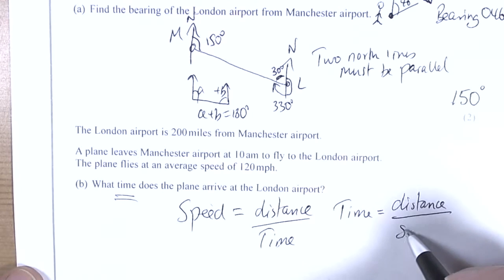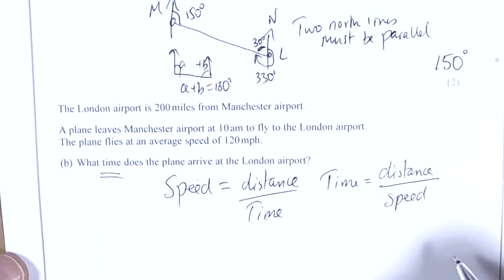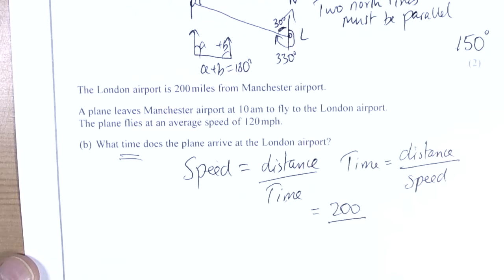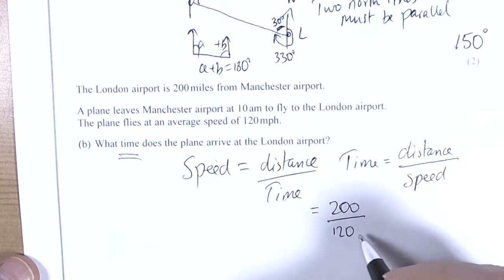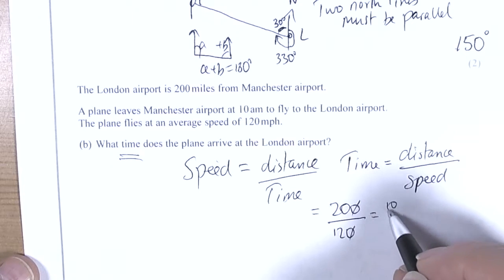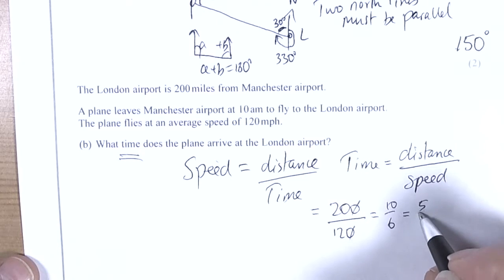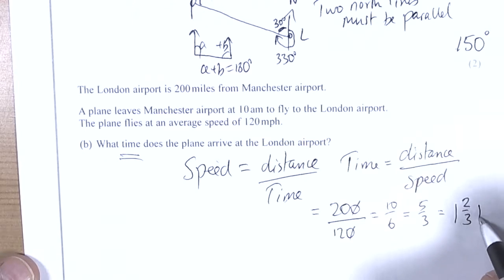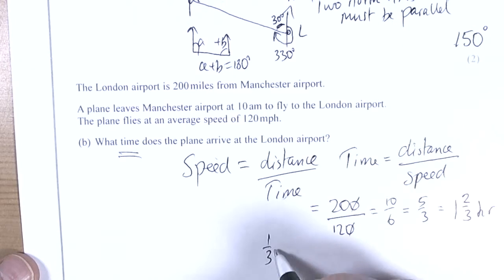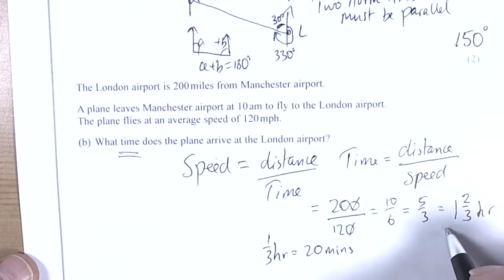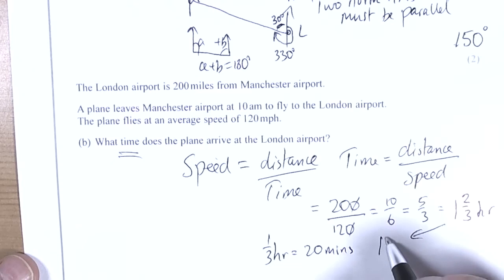In this question our distance is 200, our speed was 120, so divide both of those by 10, cancel this down, so it becomes 10 over 6, which becomes 5 over 3, which becomes 1 2/3 of an hour. We should recognise that 1/3 of an hour is equal to 20 minutes, so 1 2/3 of an hour is 1 hour 40 minutes.